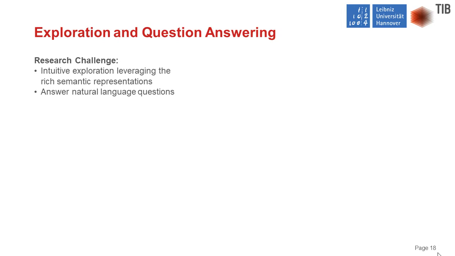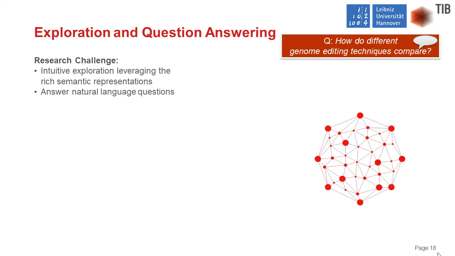So there the research challenge is to provide intuitive exploration, leveraging these rich semantic representations and allow to answer natural language questions. So for example, you could ask a question, how do different genome editing techniques compare?